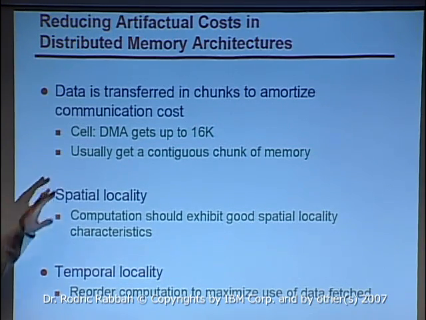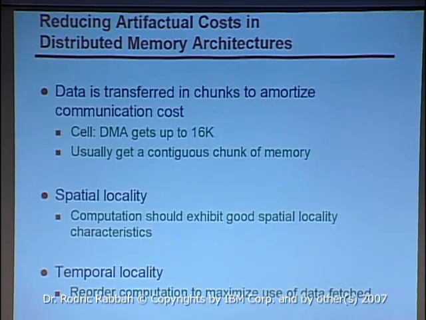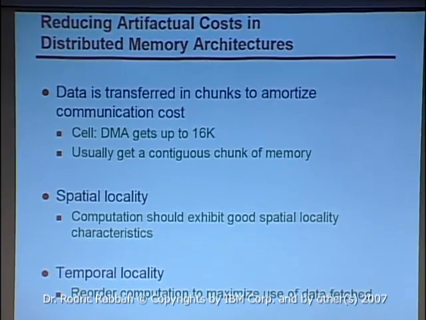What you're usually getting is a contiguous chunk of memory, although you could do some things in software or in hardware to scatter and gather data from different memory locations and pack them into contiguous locations. The reason you pack them into contiguous locations, again, is to exploit spatial locality when you store the data locally.